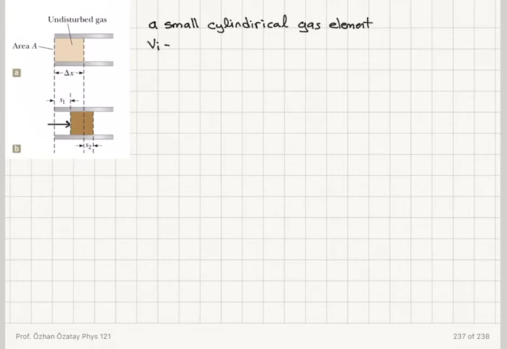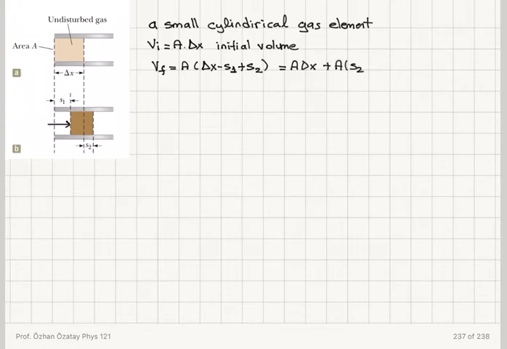which has an initial volume, its area A multiplied by its length delta x. When I compress it by moving my piston to the right, it's going to have a final volume of A times delta x, which has decreased by an amount s1, and then I have additional length on the right-hand side, s2. So it's A delta x plus A times (s2 minus s1).